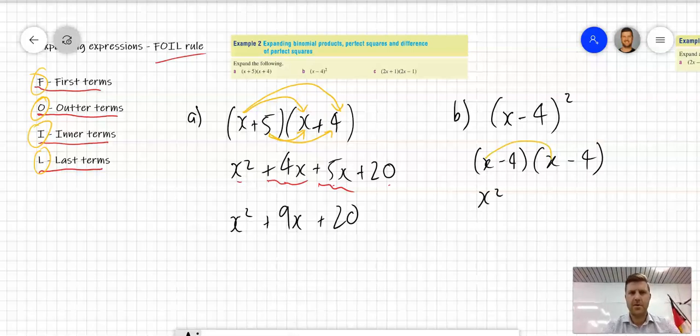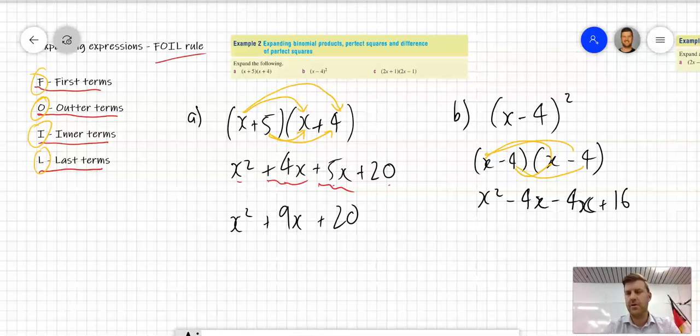Then the outer term in each bracket is multiplied. So x times minus 4 is minus 4x. Then the inner terms, minus 4 times x, again minus 4x. And last terms, minus 4 times minus 4 is positive 16.